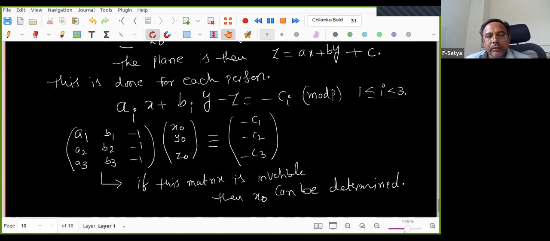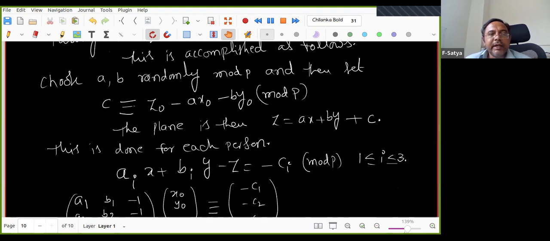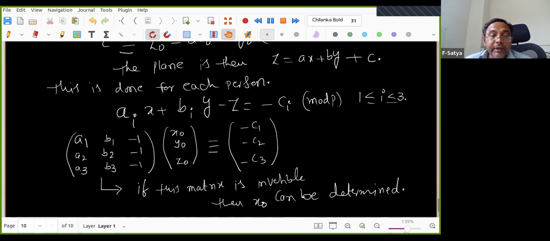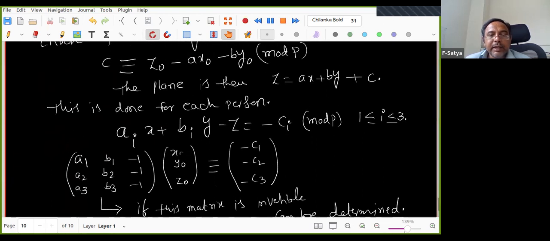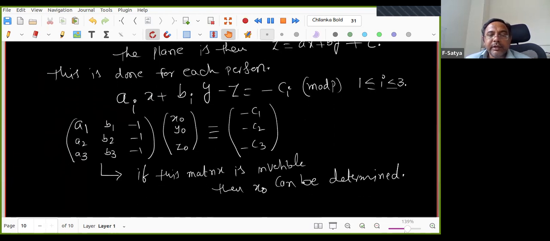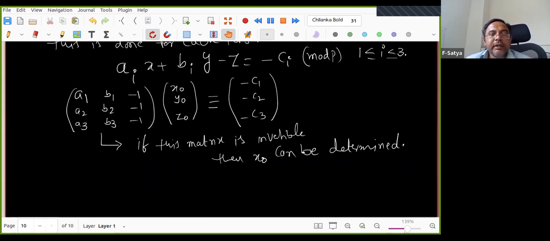It may not be invertible because we are choosing A and B randomly. If it is invertible, then these are the unknowns and these are known to the dealer. When these people come together, they can get the solution, so X0 can be determined. Is it clear?